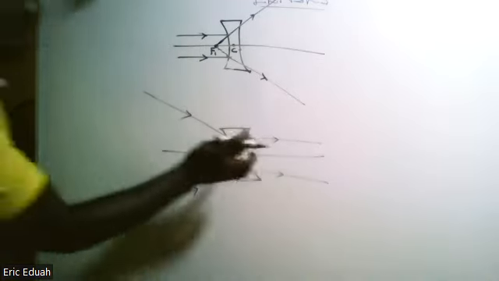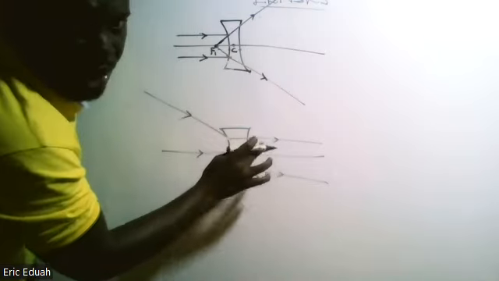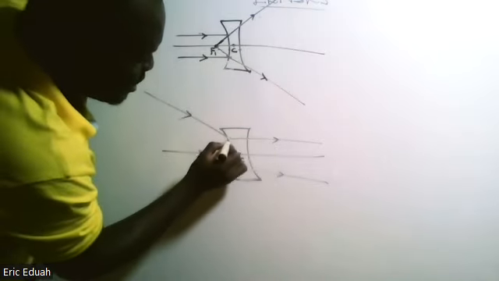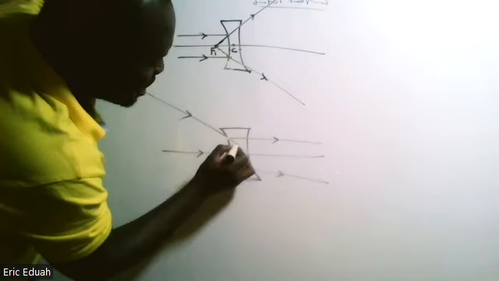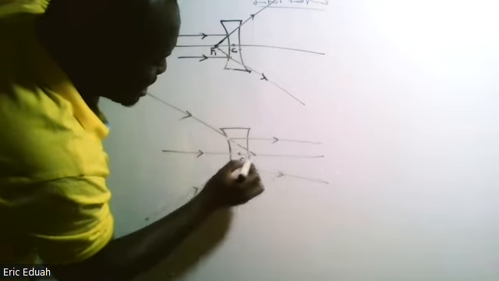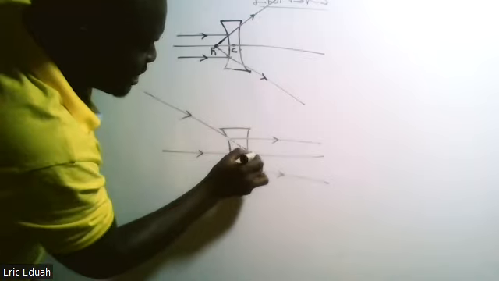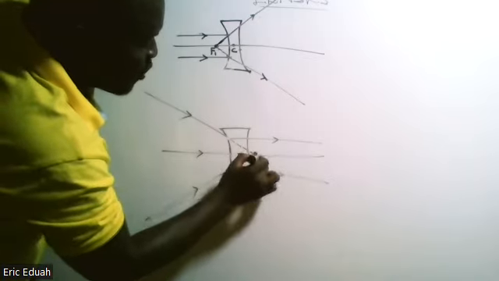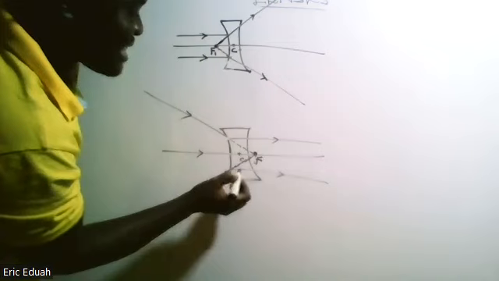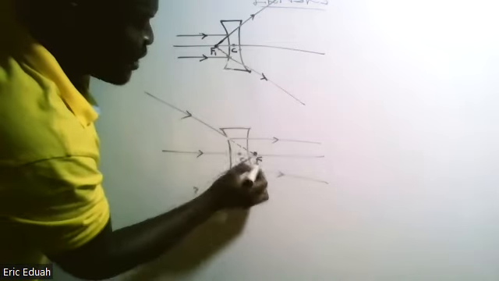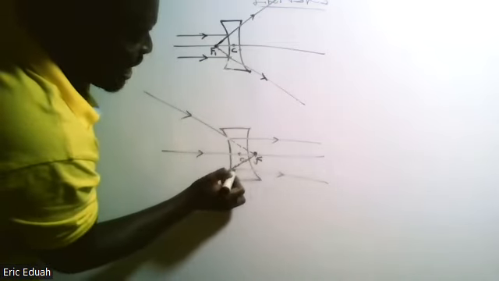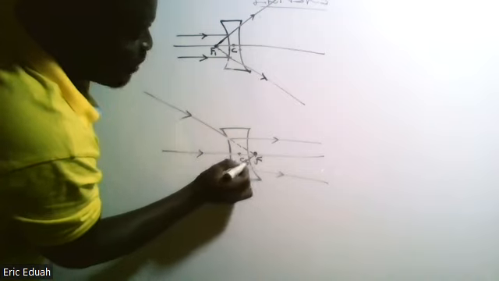But the rays appear to be refracted from this point when we prolong what is coming. Where the two appear to converge is the principal focus. So it always appears as if these refracted rays are diverted from this point.